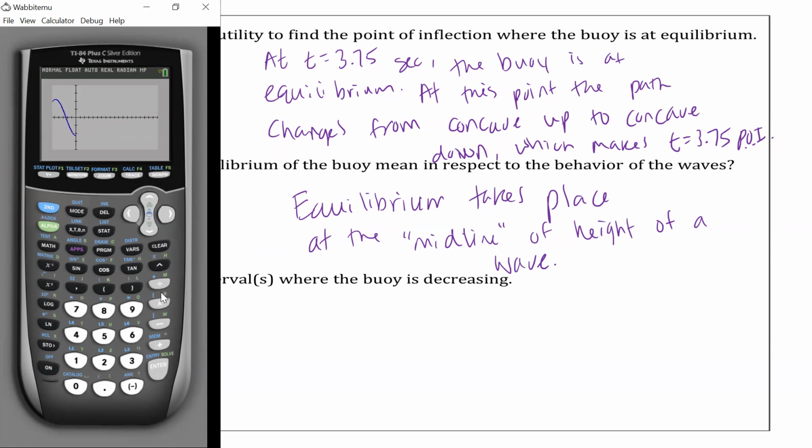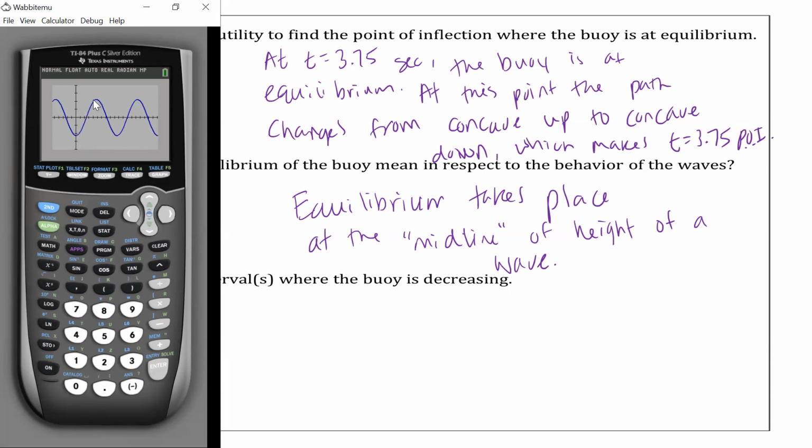There we go. A lot happening right here. So we're going to look for where that pattern takes place.